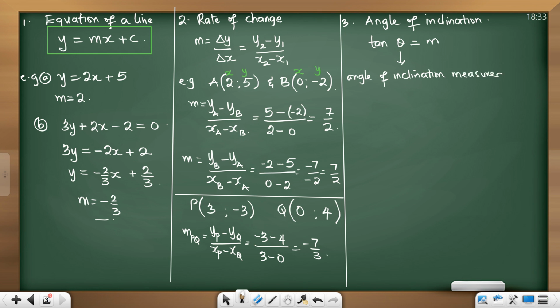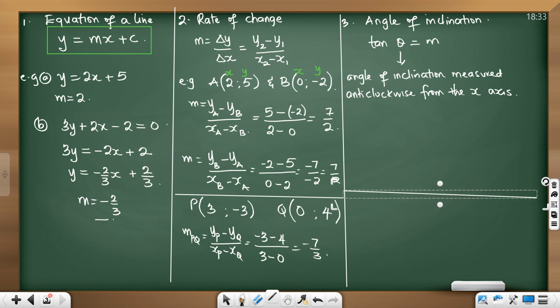measured anti-clockwise from the x-axis. And we are going to do 2 of them. Just 2 basically.